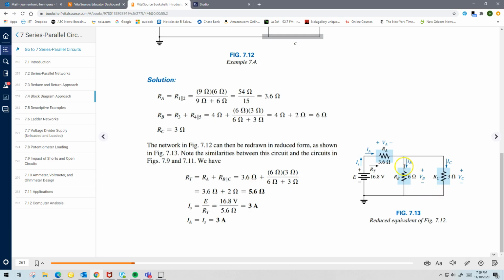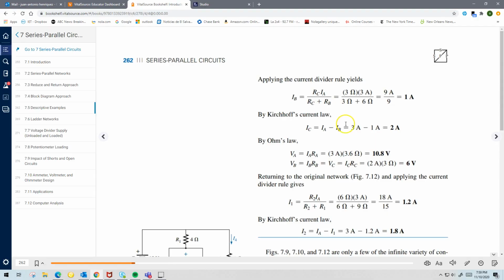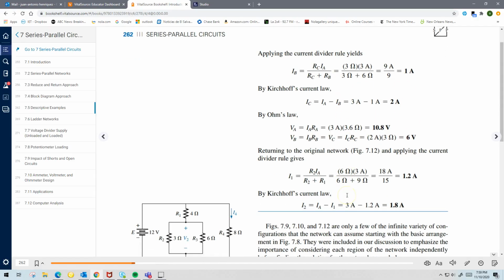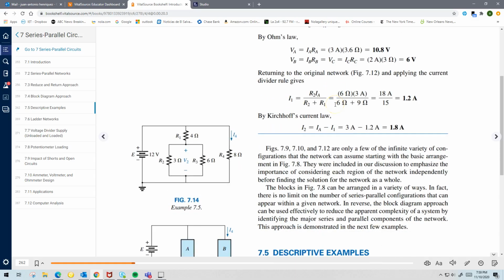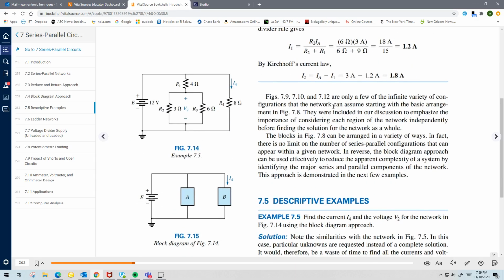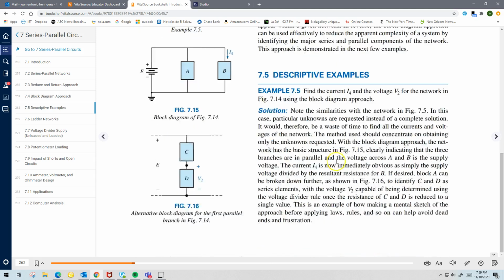Try to find IB and IC by using current division, like we did before. And once you know the currents, then you know the voltages by Ohm's law, right? I'm going to leave you to finish that up, but I'm just showing you the approach on how you start solving this kind of problem.